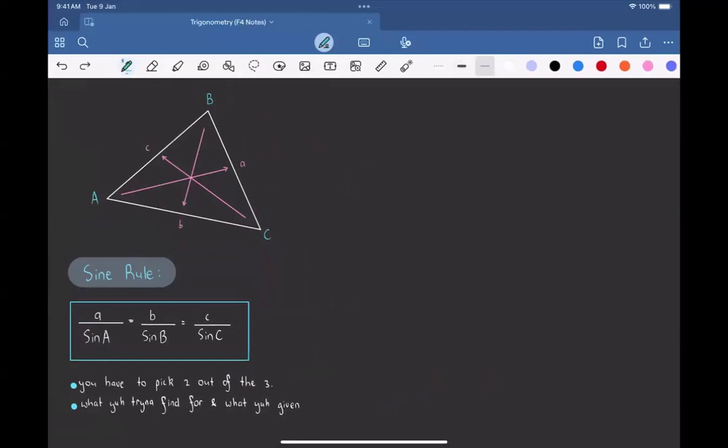So let me try an example. Amy, draw a triangle, a real ugly triangle. Make it look real ugly. Actually, it's looking good. Not ugly.